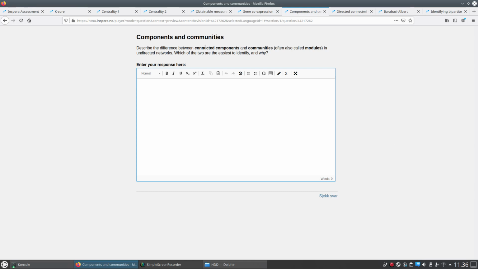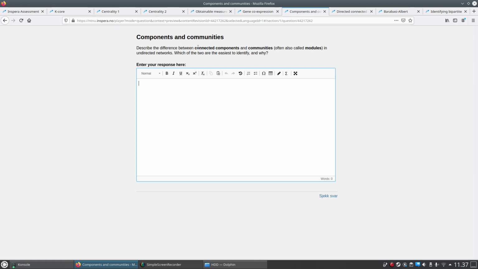And so if you have two different connected components, that means that there is no path from the one to the other. In a community, the requirement isn't that strict. A community is simply a set of nodes that has a substantially higher number of internal connections between the nodes in the community than it has external connections to outside of the community.